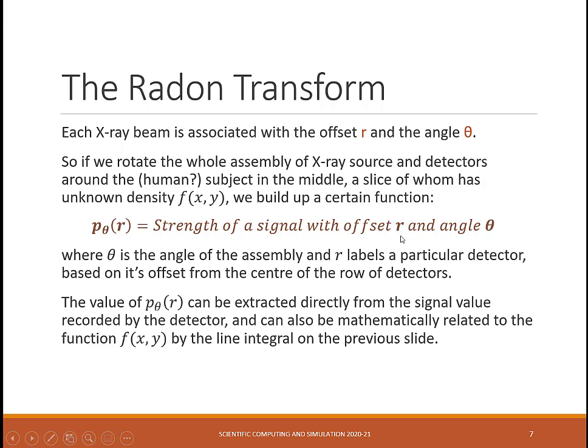The value of p(theta, r) is equal to the signal value recorded by the detector number r. In fact, for a given theta, the function p(theta, r) converts a 2D signal into a single dimensional signal. This operation is called Radon transform.